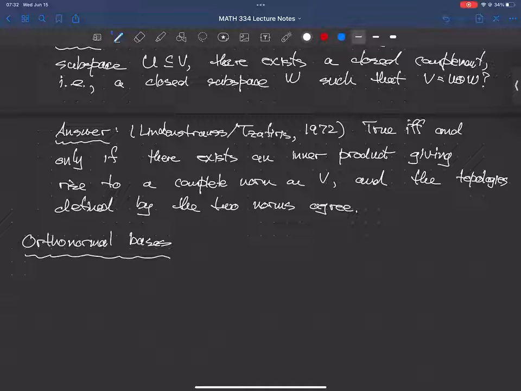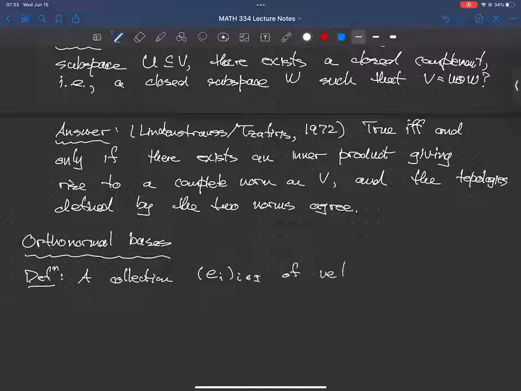Okay, so a collection of vectors indexed by I. So I will be an arbitrary index set here. It could be finite, it could be infinitely countable, or it could be uncountable.